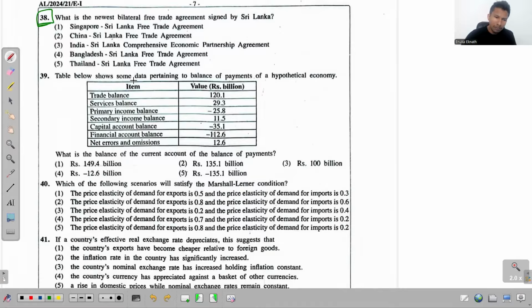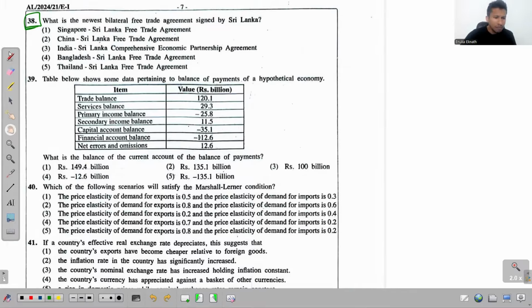Table below shows some data pertaining to the balance of payments of a hypothetical economy. So we get all the data and what do they ask? What's the balance of the current account of the balance of payments? See, this is very easy again. So this current account, right?